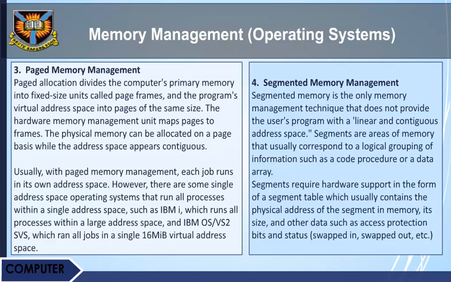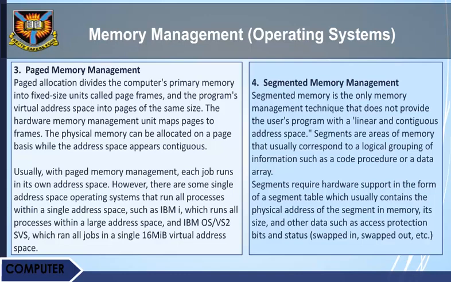Usually, with paged memory management, each job runs in its own address space. However, there are some single address space operating systems that run all processes within a single address space, such as IBM i, which runs all processes within a large address space, and IBM OS/VS2 SVS, which runs all jobs in a single 16 MiB virtual address space.